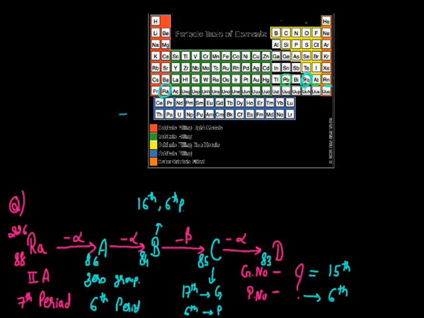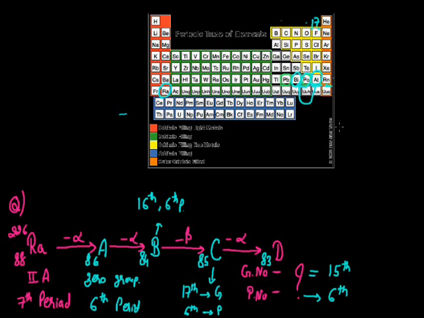Whenever this moves for the emission of one beta particle, the atomic number will increase by 1. The atomic number will be 85, which is astatine, that is 7th A group, 17th group, and the 6th period. When it emits one alpha particle, the element formed will be bismuth, and this bismuth is 2 positions leftwards as compared to the position of astatine. So this is how we can solve these kinds of questions that are based on the group displacement law.